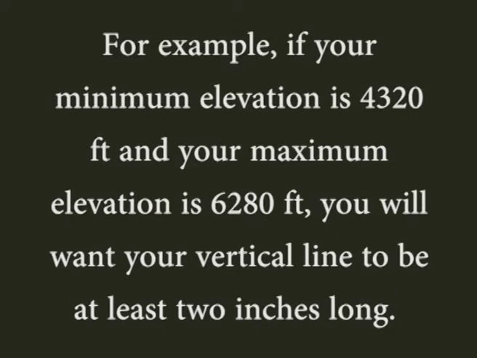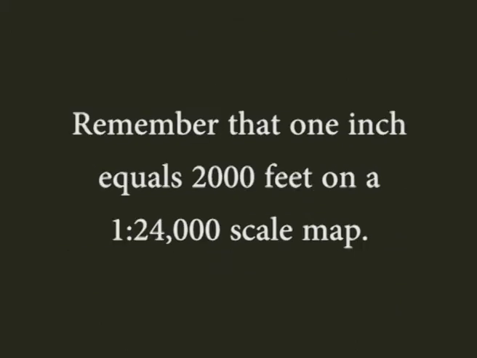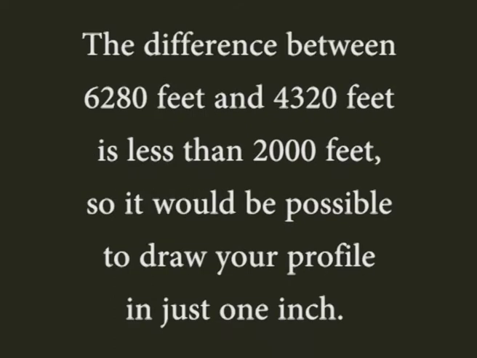For example, if your minimum elevation is 4,320 feet and your maximum elevation is 6,280 feet, you will want your vertical line to be at least 2 inches long. Remember that 1 inch equals 2000 feet on a 1:24,000 scale map. The difference between 6,280 feet and 4,320 feet is less than 2000 feet.